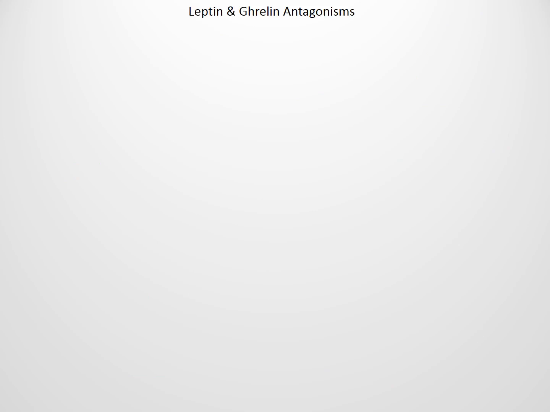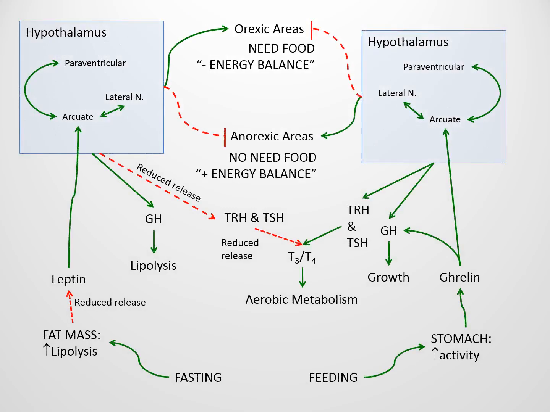Leptin is also going to be involved with the overall energy balance and regulation of basal metabolic rate with another hormone known as ghrelin. And it works in an antagonistic fashion, regulating the orexigenic areas of the brain, the area where you need to have food because you happen to have a negative energy balance, versus the anorexigenic areas of the brain, which is where you don't need food because you have a positive energy balance.